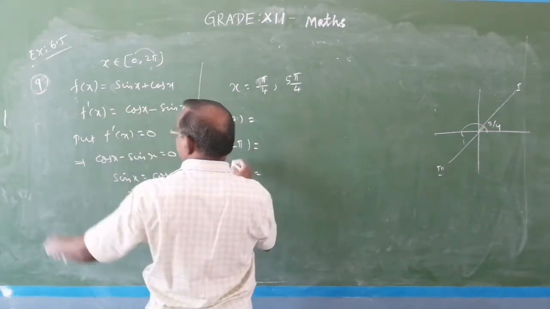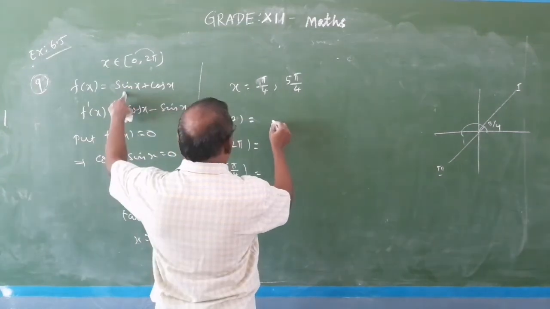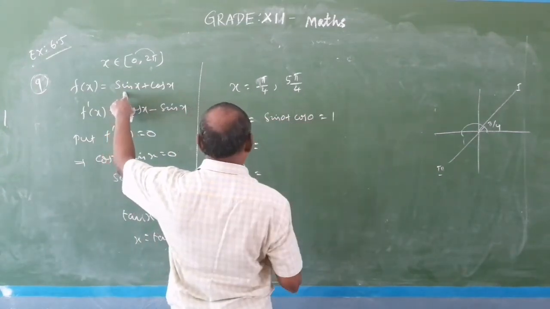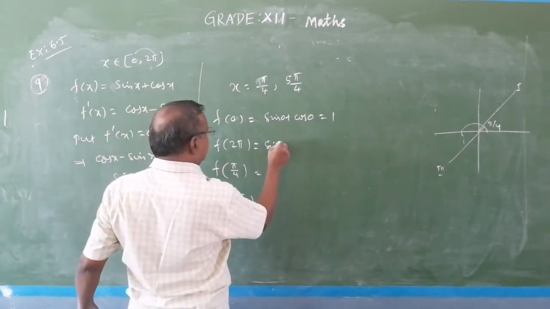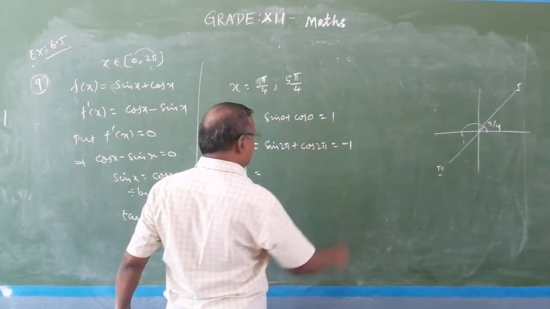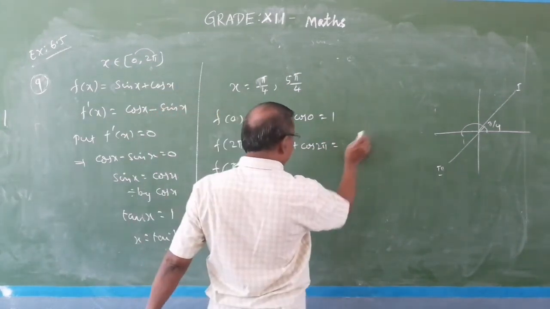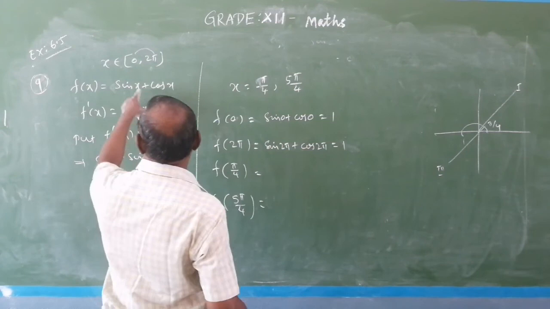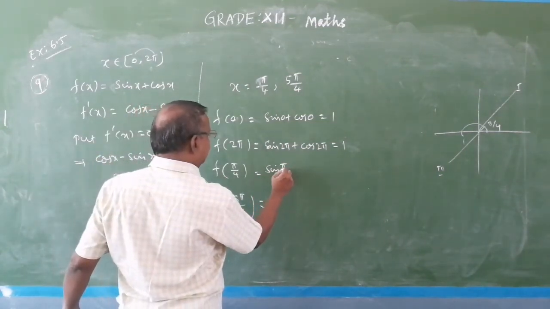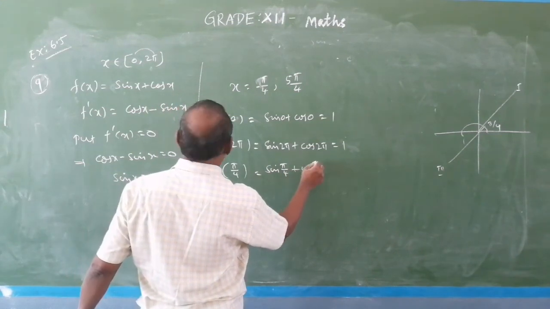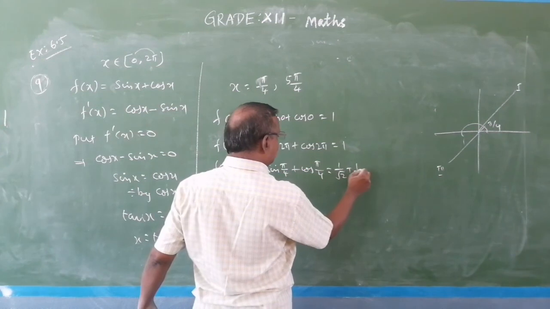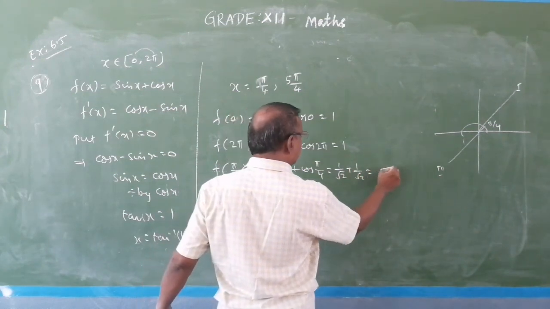Now f of 0 means sin 0 plus cos 0 equal to 1, and sin 2 pi plus cos 2 pi is 0 plus 1, equal to 1. F of pi by 4: sin pi by 4 plus cos pi by 4 equal to 1 by root 2 plus 1 by root 2, equal to root 2.